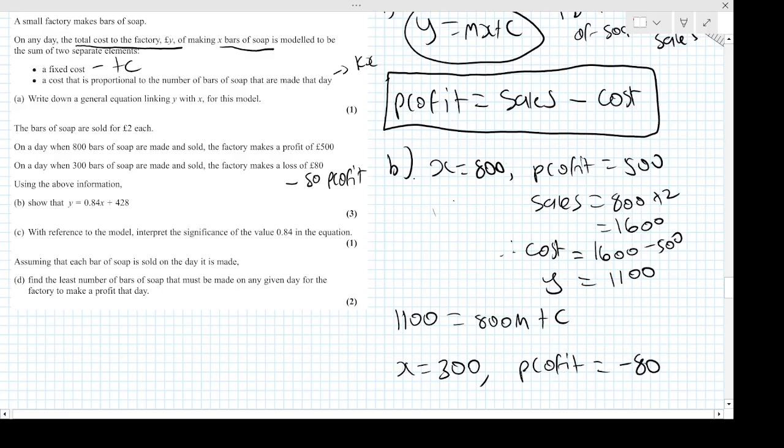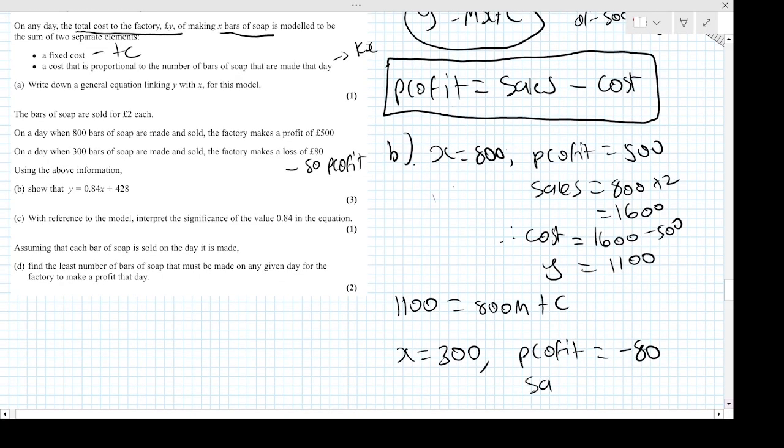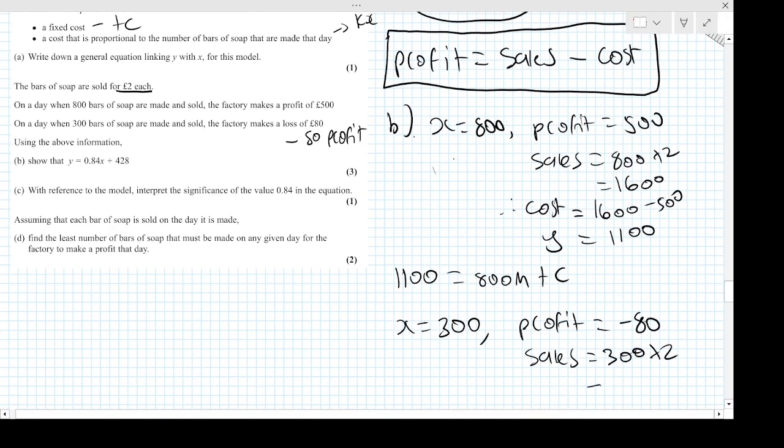Well, that's profit. Then I need the sales. In order to work out the cost, I need both of these. Each bar of soap is £2 sales, so there's 300 lots of 2. That's my total sales of 600.